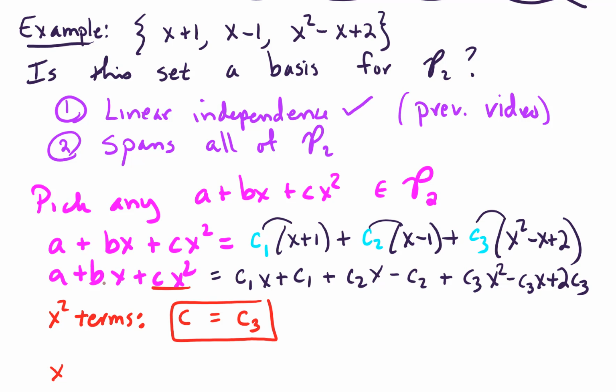If we look at the linear terms, on the left-hand side we have b, and on the right-hand side for our linear terms we have c1 plus c2 minus c3.